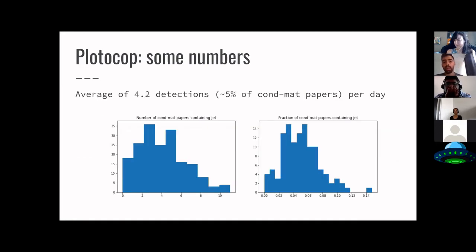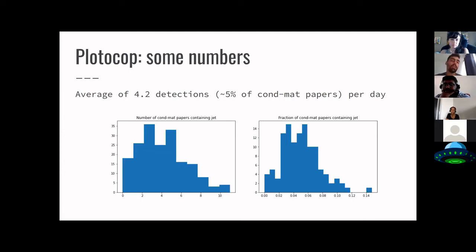To give you some sense of the numbers that we're looking at, on the left here, I've plotted the distribution of detections, and you see that it averages around 4-ish papers per day. But because the number of papers per day varies quite a lot, I'm also plotting here on the right the distribution of the fraction of papers that contain JET, and you see that that's around 5-ish%.